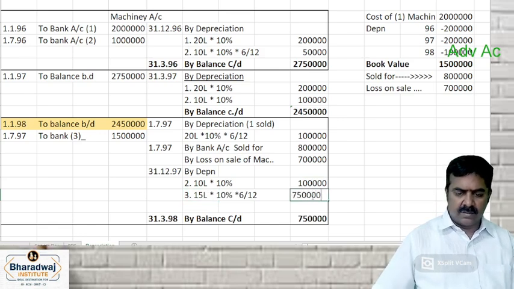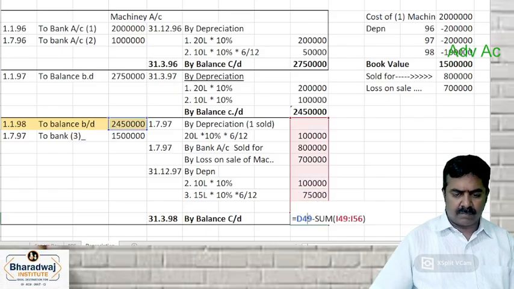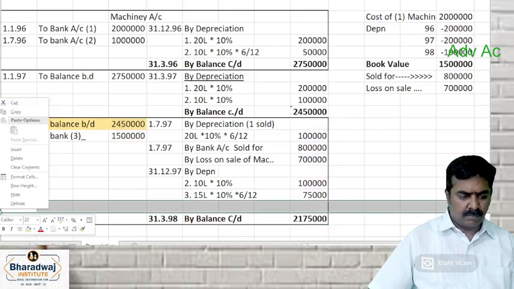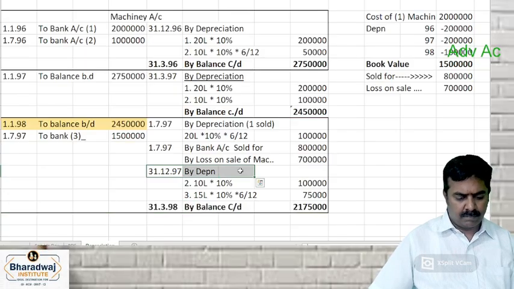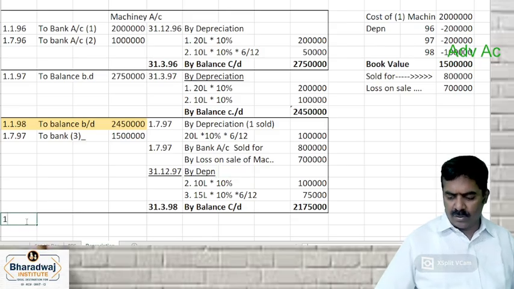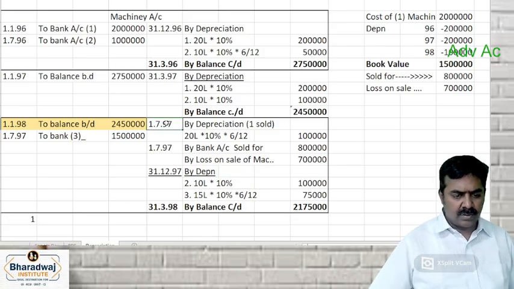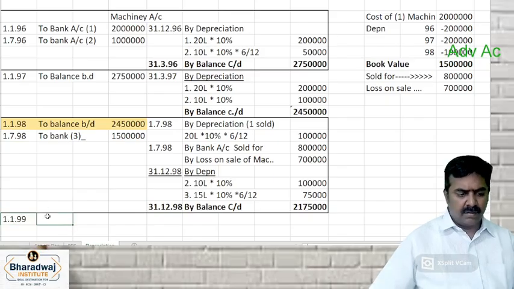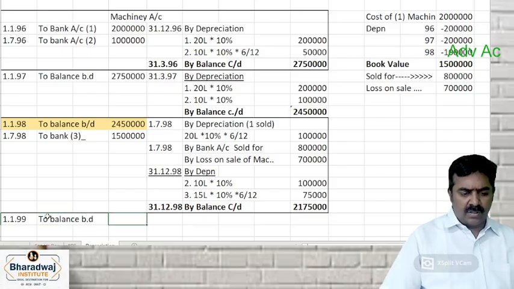How much? 75,000. So on 1/1/98 here, on 1/1/99, two balance brought down.